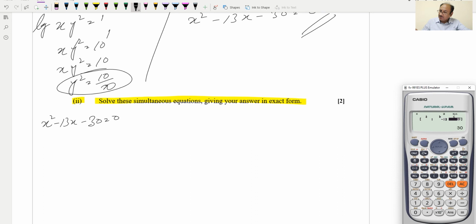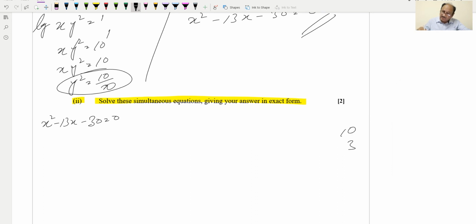So we'll get values 10 and 3. So we can use 10 and 3 changing sign, so x minus 3 and x minus 10, and we can write the intermediate step x into x minus 10 minus 3 into x minus 10, and this is equal to 0.